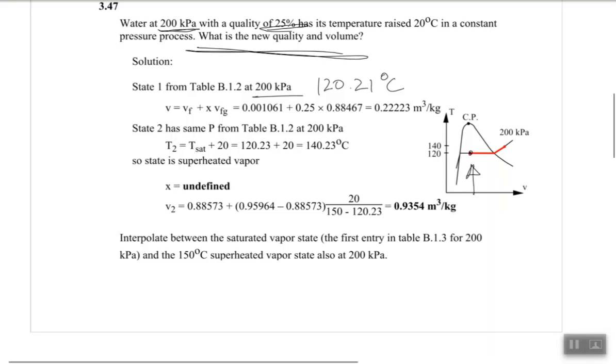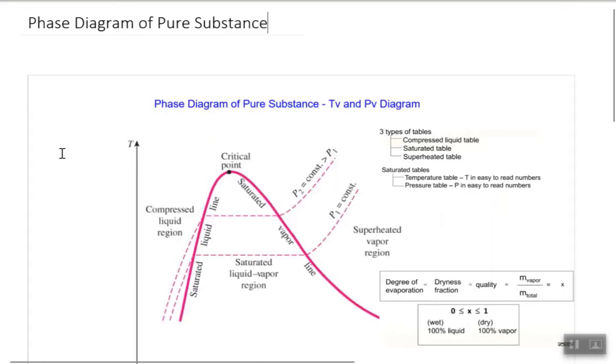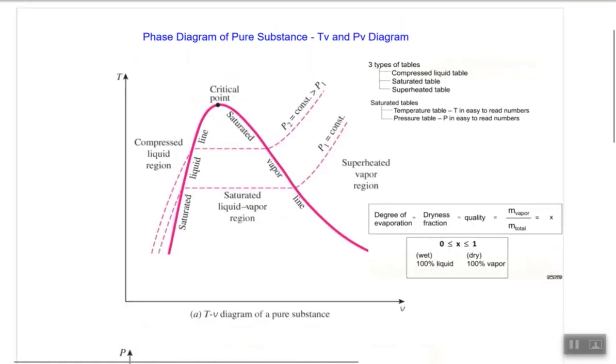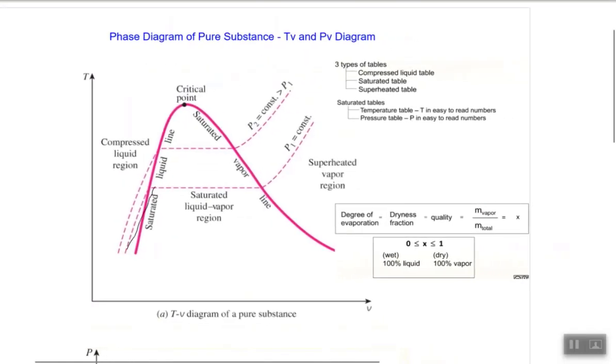So let me clear this first. If I've got a constant pressure, as you can see from these lines, these are our constant pressure lines. If I raise the temperature at constant pressure, definitely I have to move outside the vapor dome.